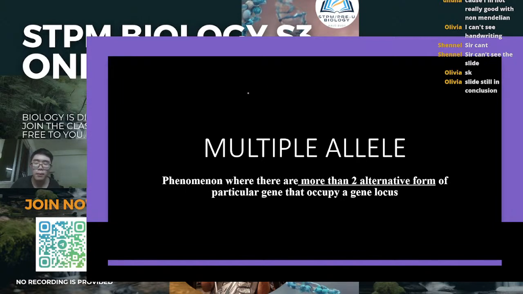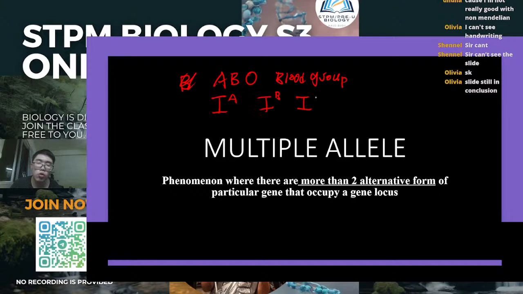The most common example is the ABO blood group. Why? Because ABO blood group has three alleles: the allele for A, B, and also O. So it already has three types of alleles, but finally only a pair of alleles controls one characteristic.